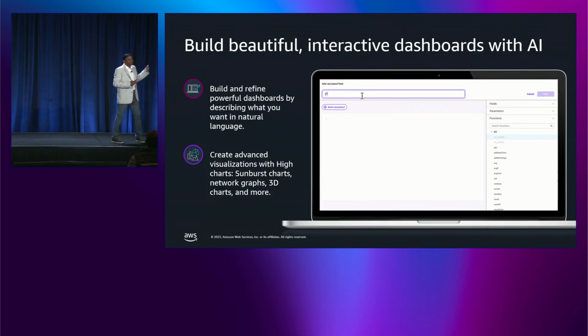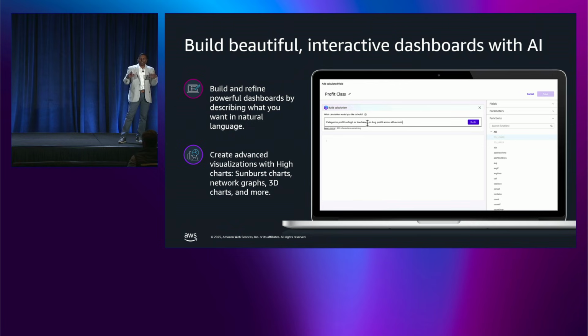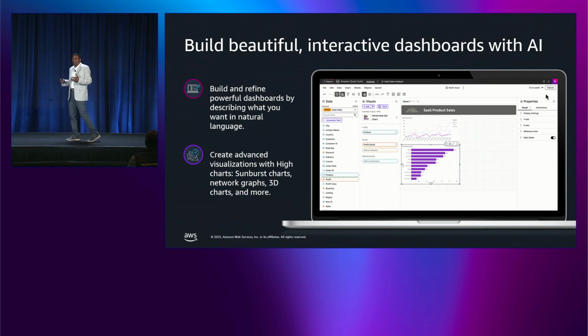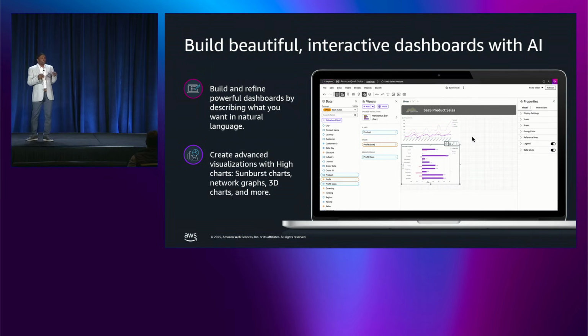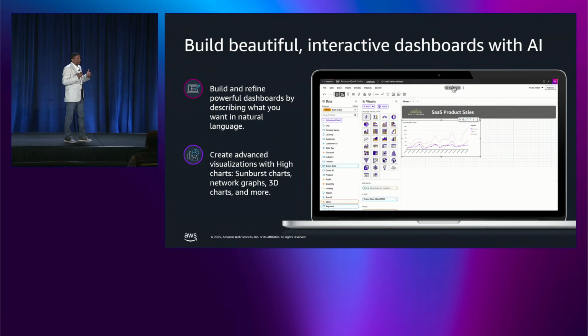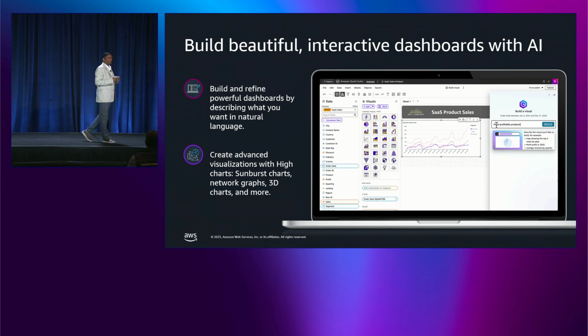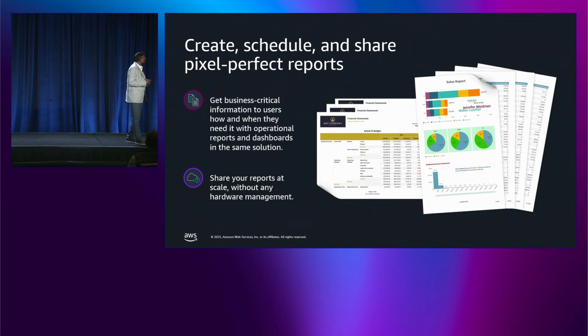We have integrated HighCharts' core library into QuickSight that lets your users build a host of advanced visualizations that are not only engaging, but really beautiful. You can also build pixel-perfect reports with QuickSight.